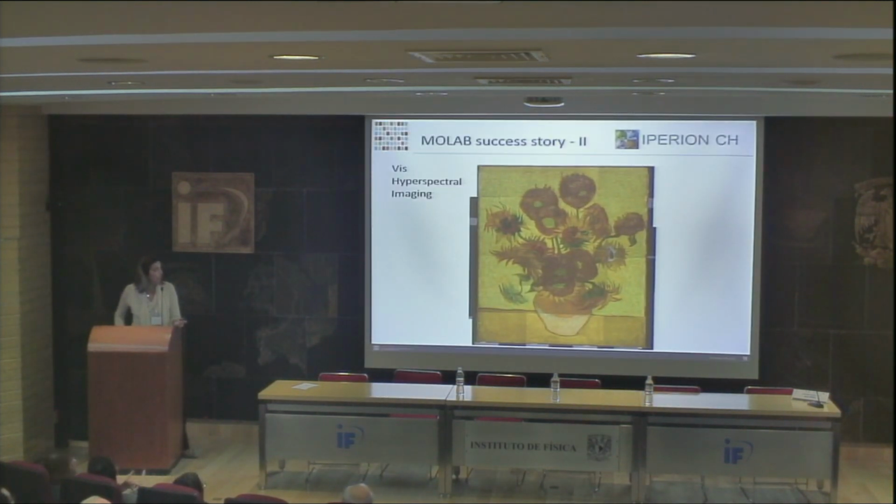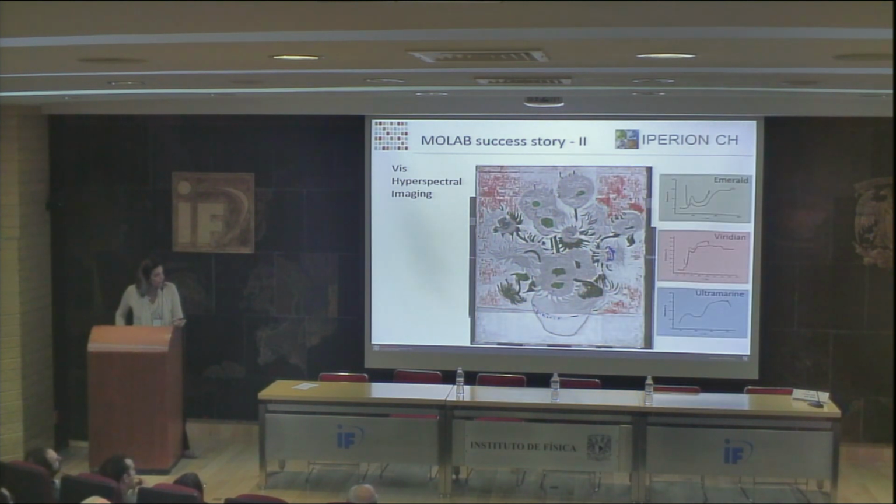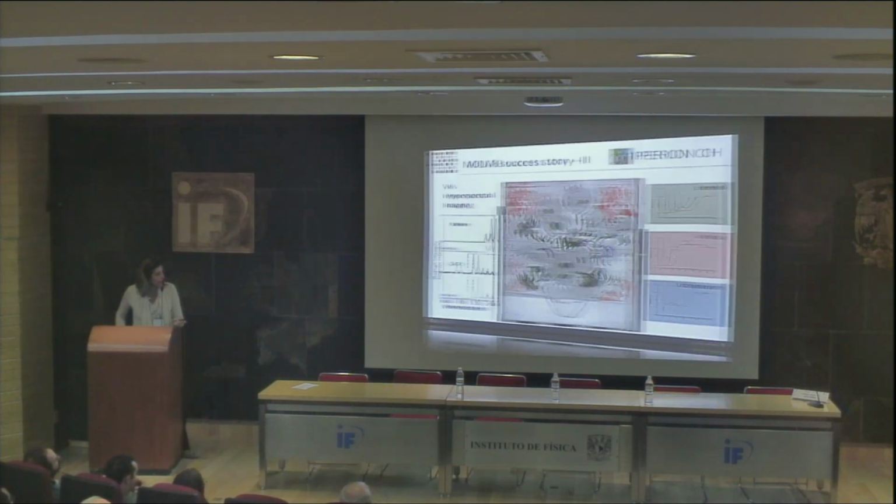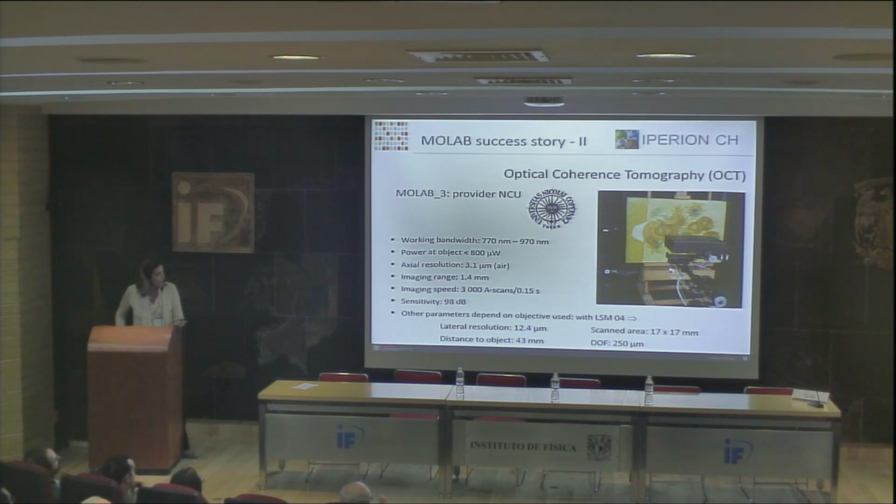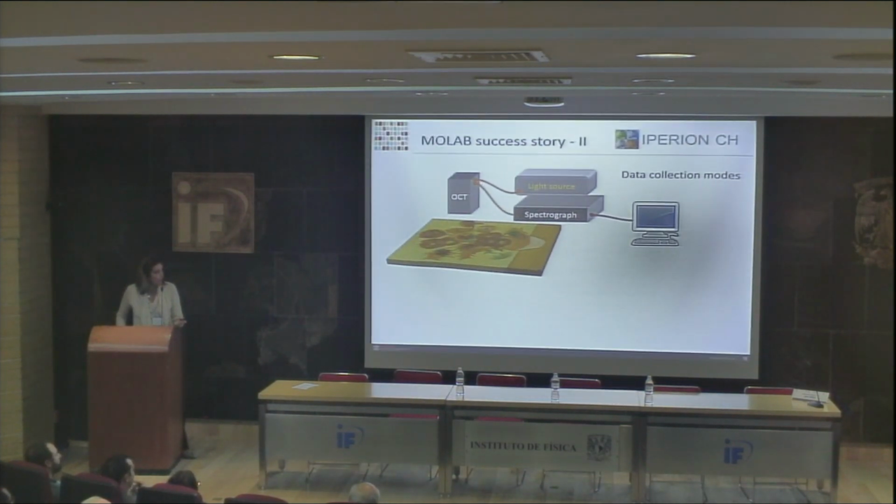By means of visible hyperspectral imaging, they were able to recognize the pigments and a few elements, whereas by means of the optical coherence tomography device developed by the Polish group, they were able to measure the stratigraphy of the painting in very small areas.